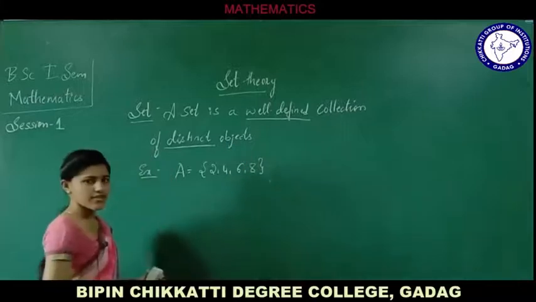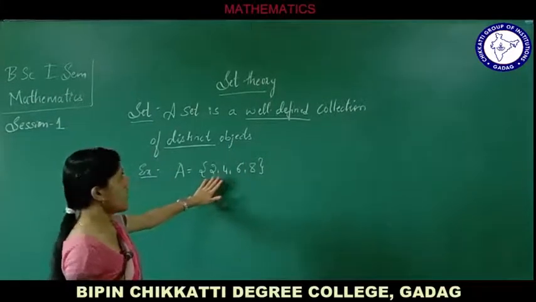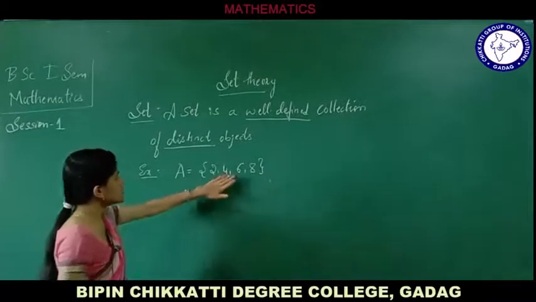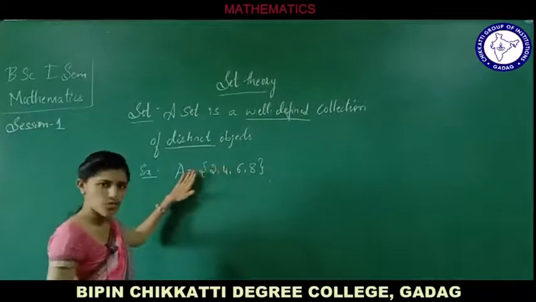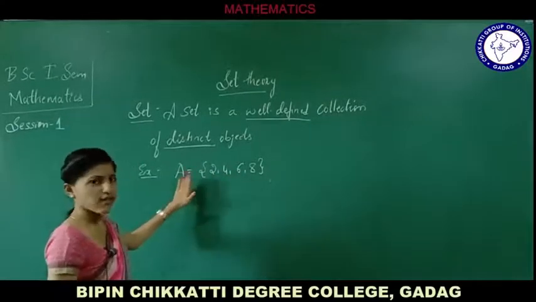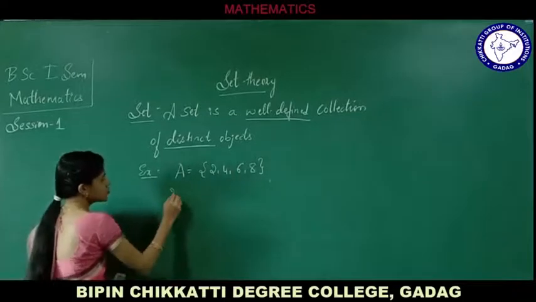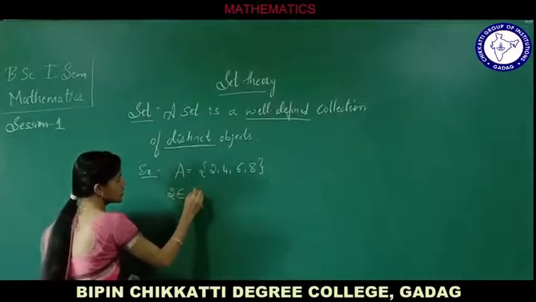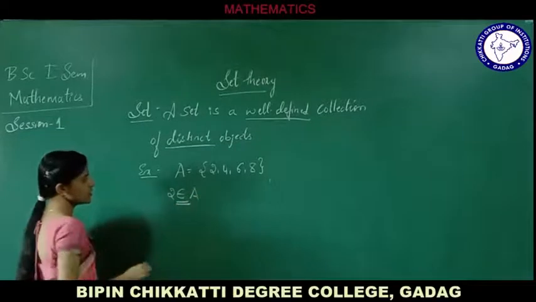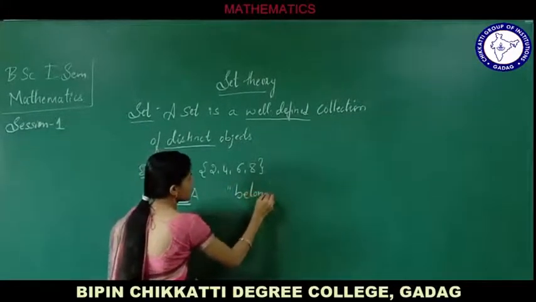We are defining with a certain rule, right? So now I am going to tell that here 2 is an element of A or 4 is an element of A. How are we going to denote it? Here it means 2 belongs to A. This symbol is read as belongs to.